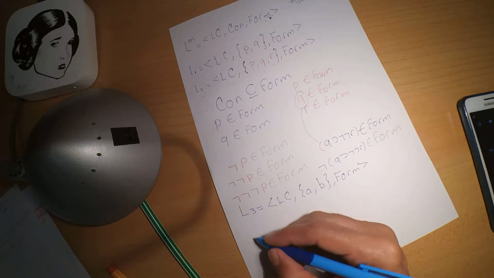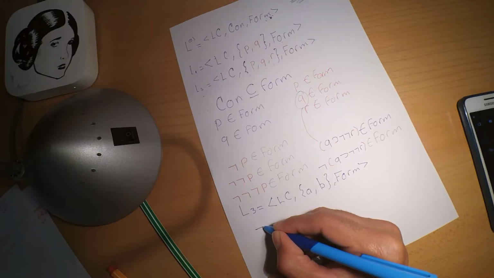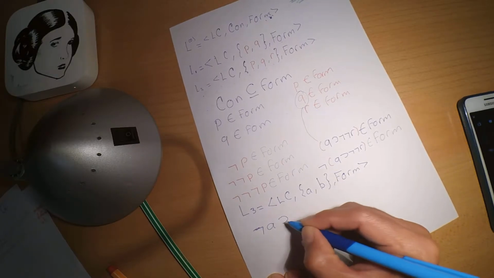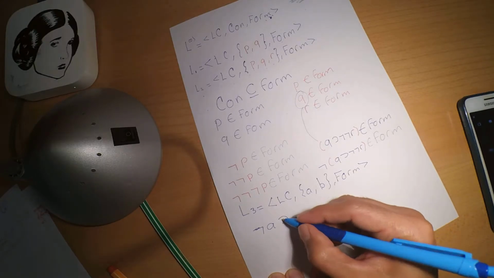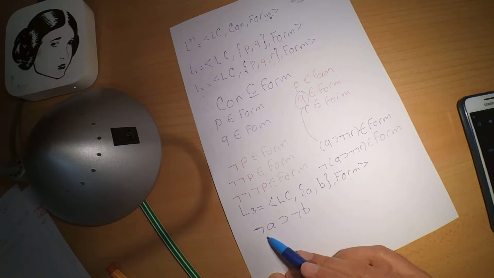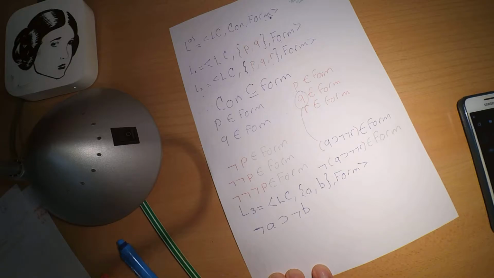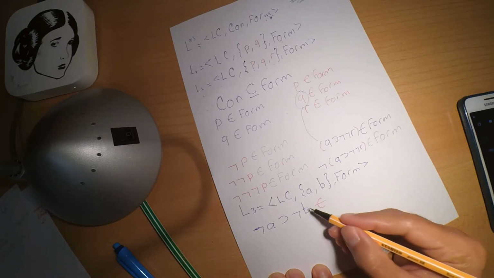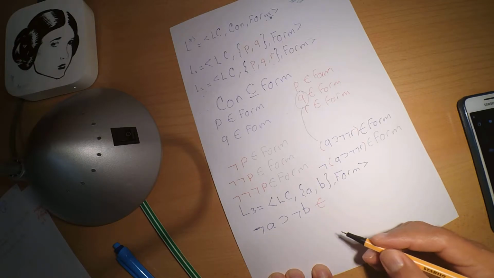So what if I put negation A implication negation B? Is this a formula? No, it's not, because it's really important to put the parentheses.